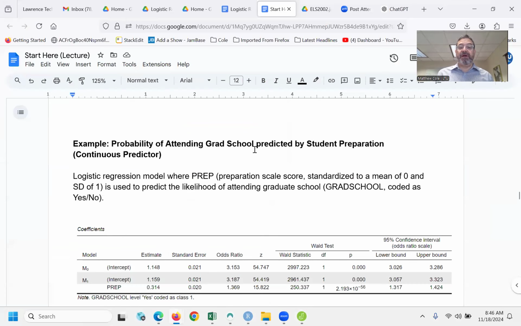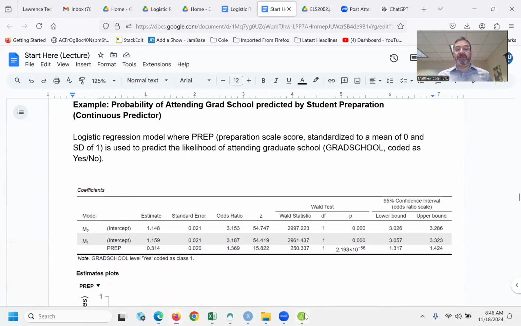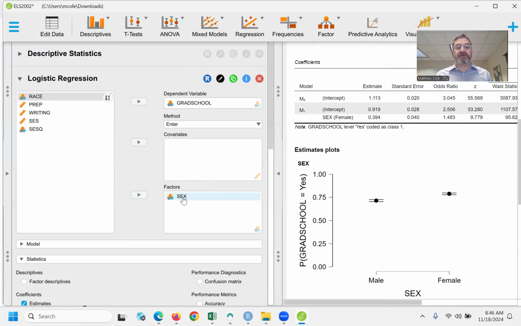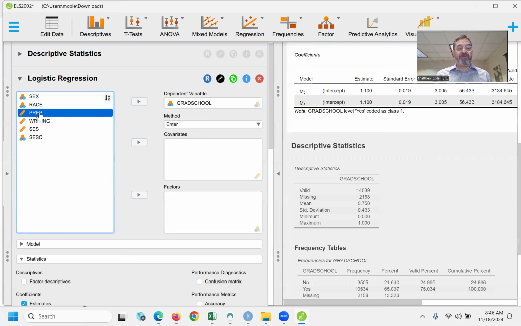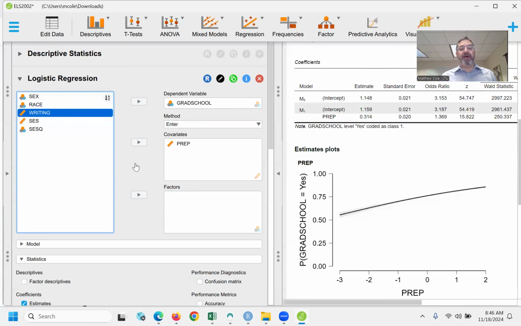Okay, next. Let's predict graduate school by a continuous variable, preparation. I'll just demonstrate and then we'll look at the results. So now let's put prep. And what is prep? Well, prep is a scale score. There's a bunch of items that ask students to self-report how prepared they think they were to attend.